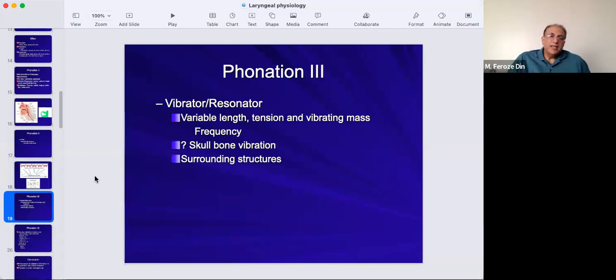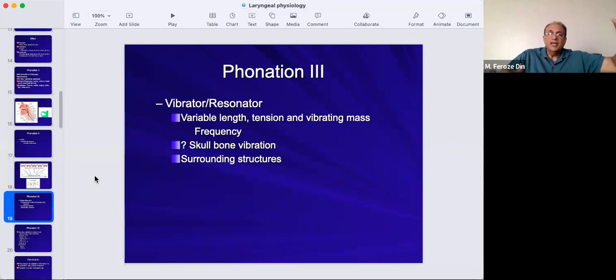Our vibrator can be changed in terms of its tension and its length, just like a guitar string. Those of you who perhaps play guitar know that when there's a shorter string, the sound is a higher frequency. Similarly, the vocal cords may become shorter, and you use only part of it to vibrate, and you get a higher note. But you can also do that by changing the tension.